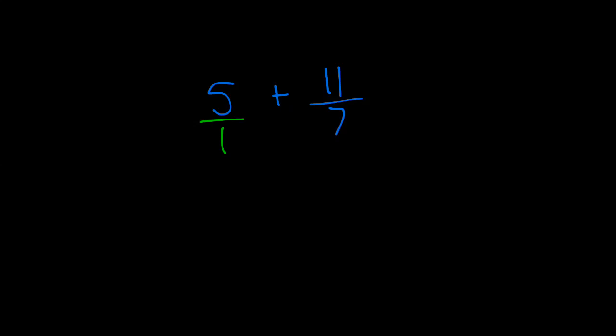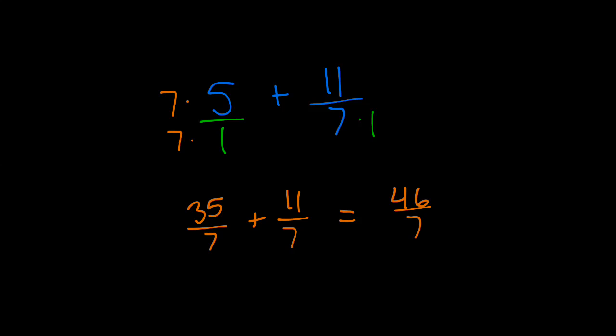On the right, our denominator is a 7 times 1, so that 1 is good. We don't have to worry about a 1 as a factor. So on the left, we're just missing the 7, so multiply top and bottom by 7. And it gets us 35 over 7 plus 11 over 7, and our sum is 46 over 7.